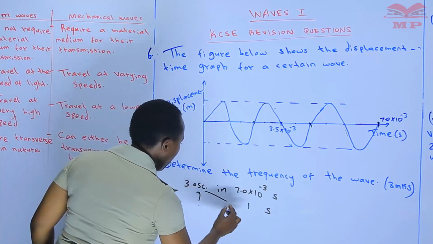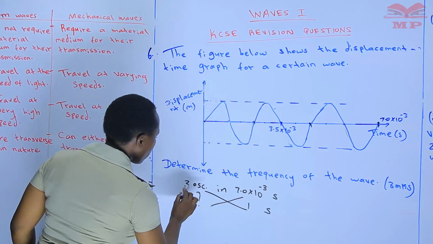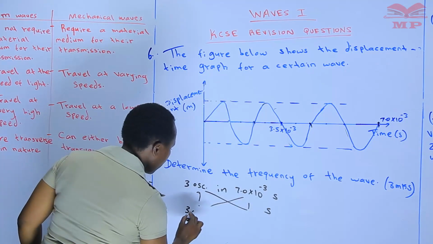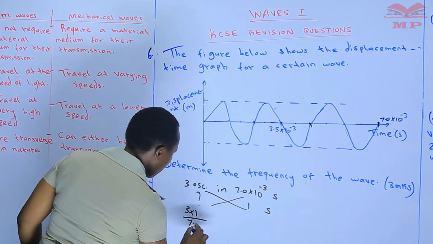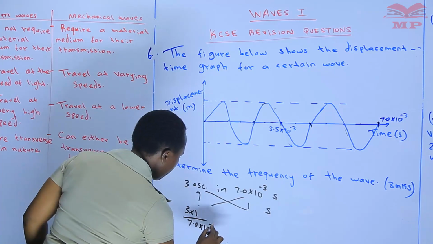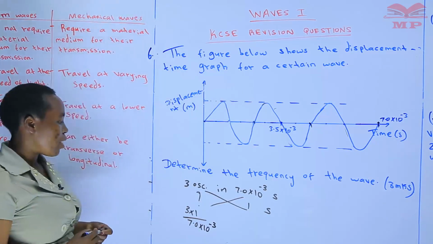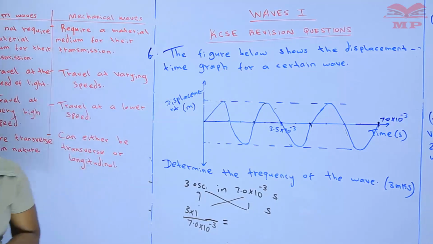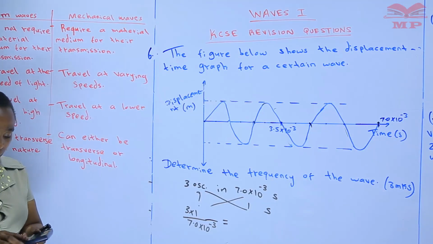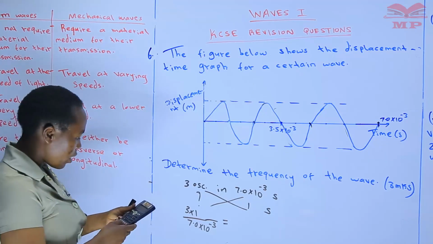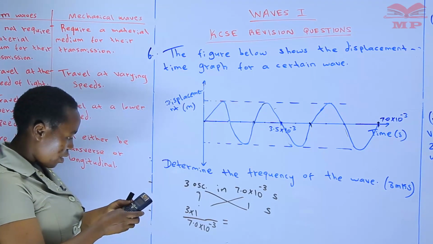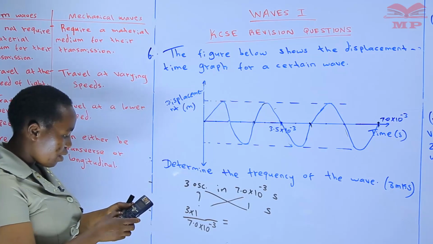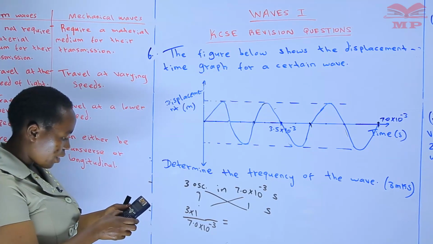And that will be our frequency. So we are going to have 3 times 1 divided by 7.0 times 10 power negative 3. So we can calculate this using your calculator. So we are going to have 3 divided by 7 times 10 power negative 3.